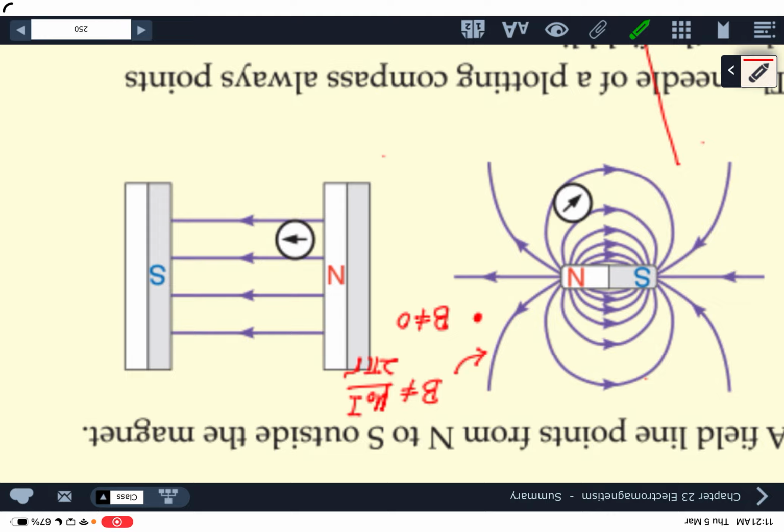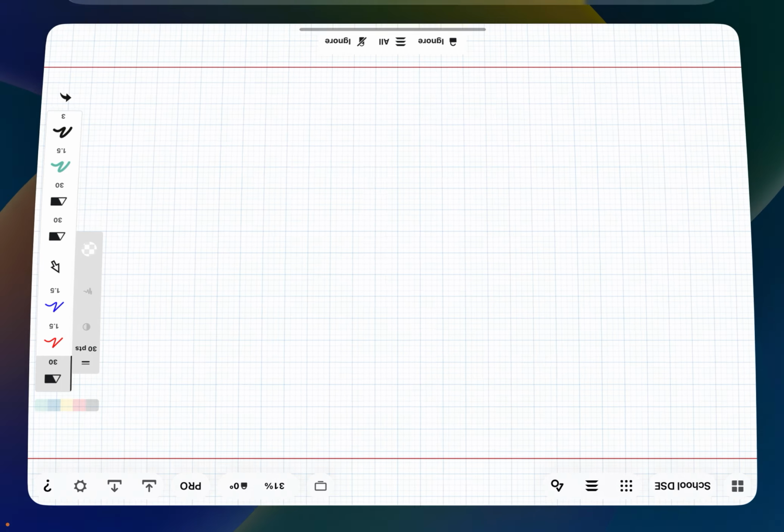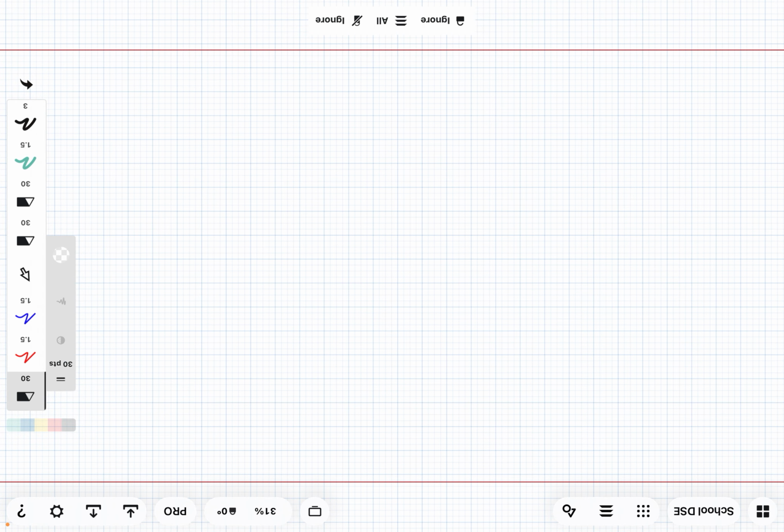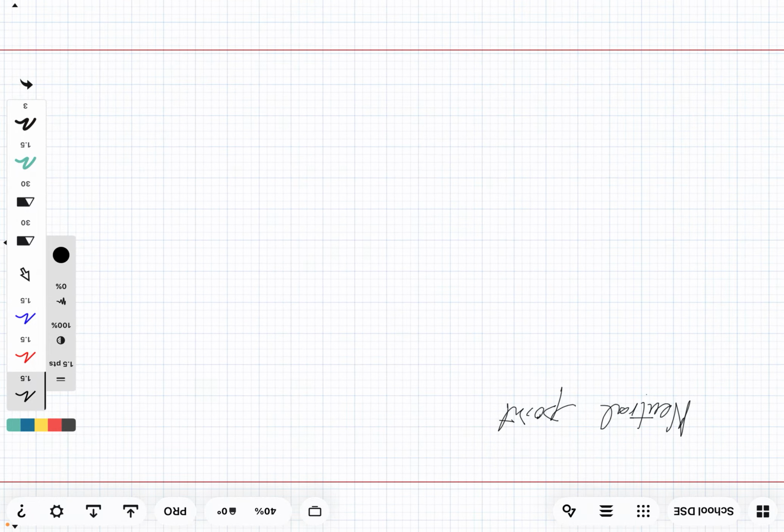If the two charges are positive, then the neutral point is closer to the weaker one. Here, you see, Q2 is smaller, so the neutral point is closer to Q2. Yes. So for this one here, the neutral point will be closer to the weaker charge.